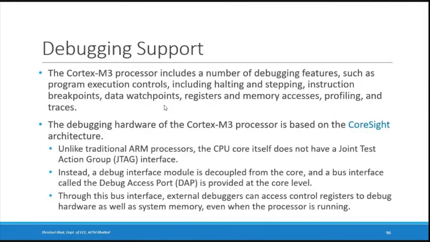The debugging hardware of Cortex M3 is based on a particular type of architecture called CoreSight architecture. That's the name given by ARM. Unlike traditional ARM processors, the CPU core itself does not have a JTAG interface. Instead, a debug interface module is decoupled from the core, and a bus interface called DAP, the debug access port, is provided at the core level.